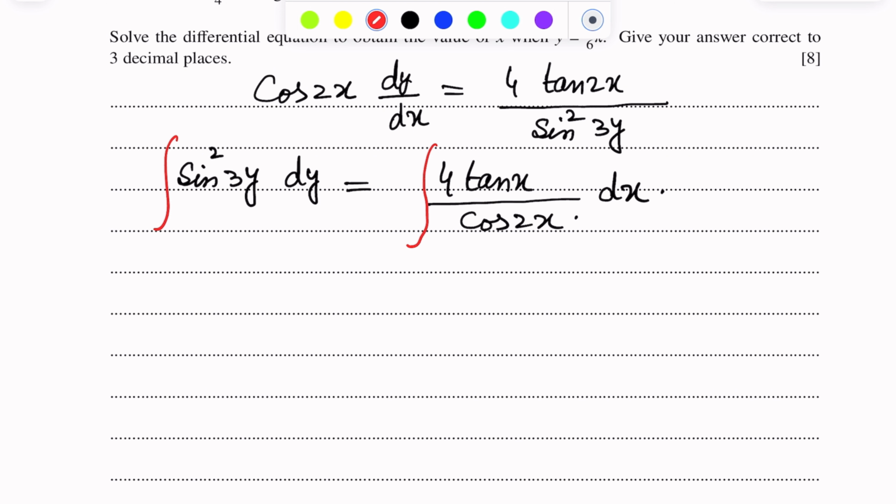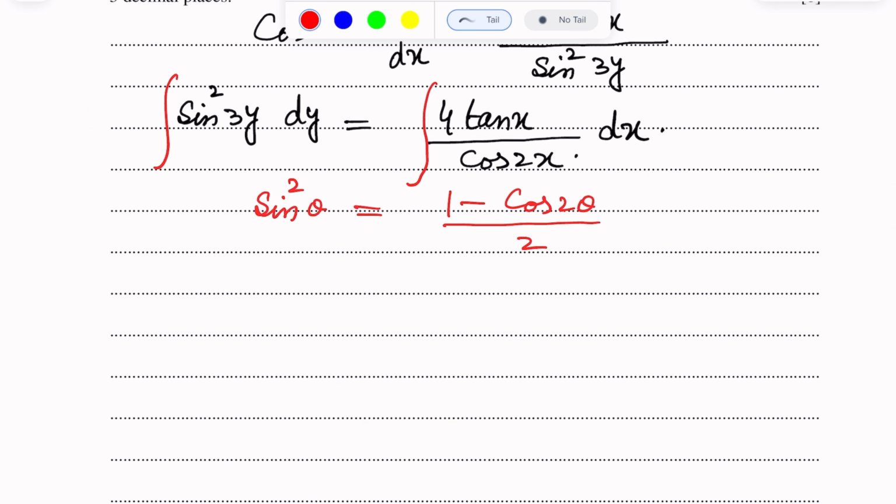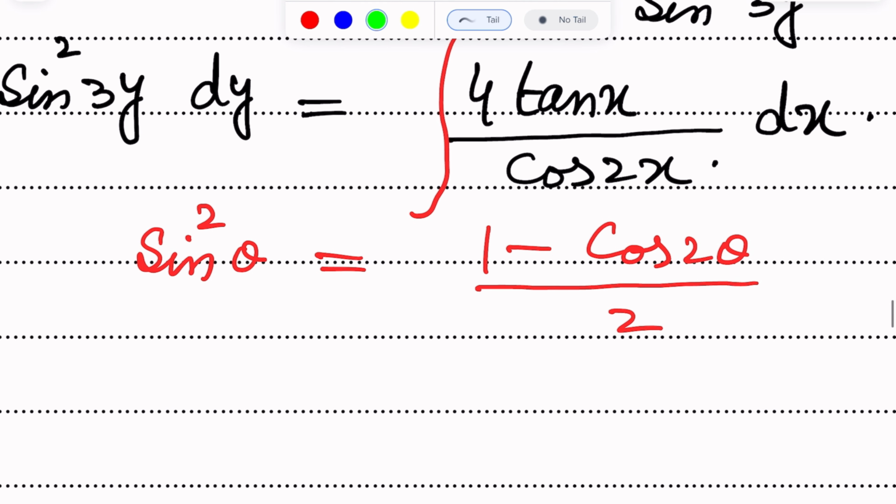We know that sine square theta is equal to 1 minus cos 2 theta over 2. This is the general formula. On the left hand side angle is theta, but on the right hand side angle is double, 2 theta.